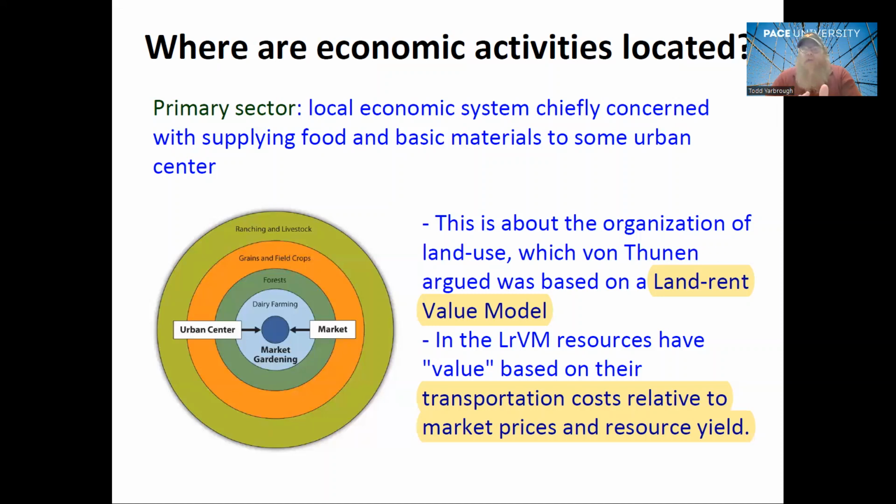The big thing with von Thunen's theory, which carries over to what we're going to talk about in this video, is the idea that transportation costs are a huge part of the spatial concentration and dispersion of businesses and the different aspects of businesses.